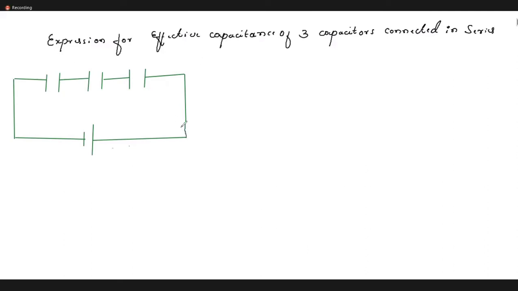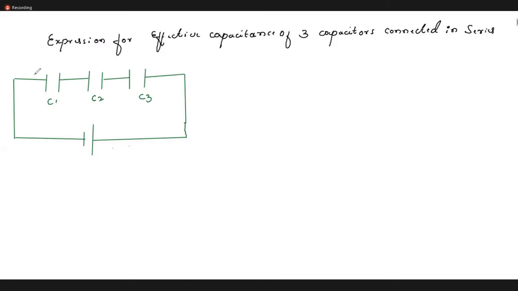So I will take three capacitors. The first and second capacitors have capacitance C, and the third capacitor has capacitance C.